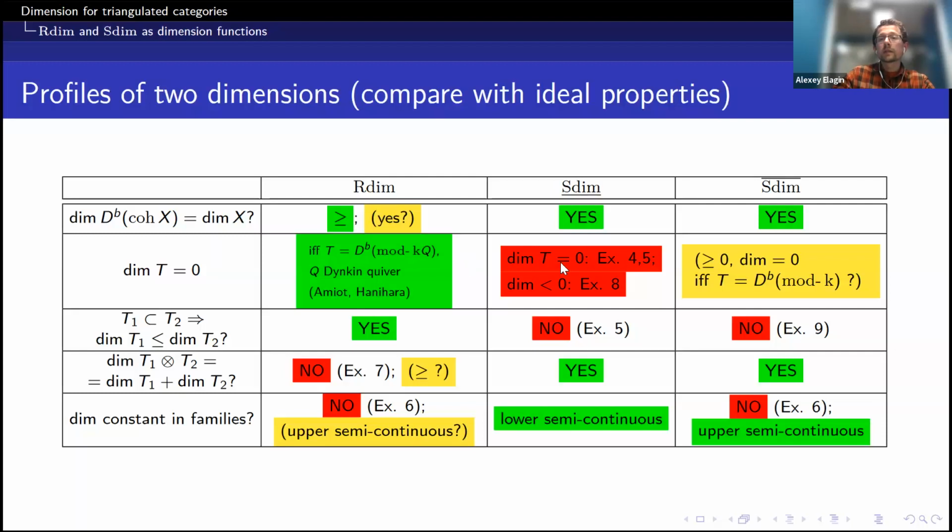For Serre dimension, we have seen that it can be negative, at least for lower Serre dimension, and there are reasonable examples of algebras providing lower Serre dimension equal to 0.